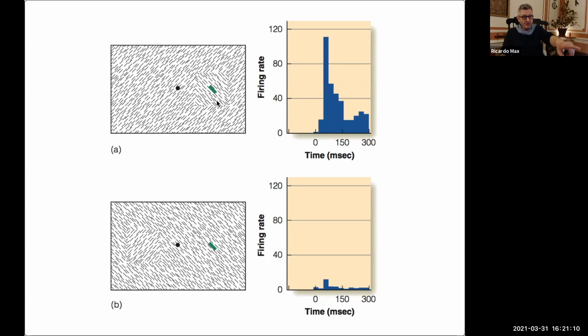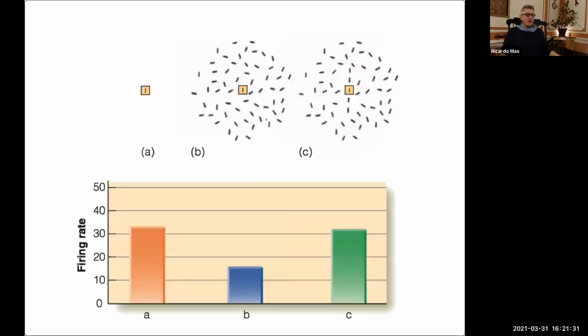So here, within the receptive field, and here, is exactly the same, but this is an object that perceptually is different from the background, and then it fires. And if it's not different, it won't fire. This is another kind of specialization, the same idea as before.